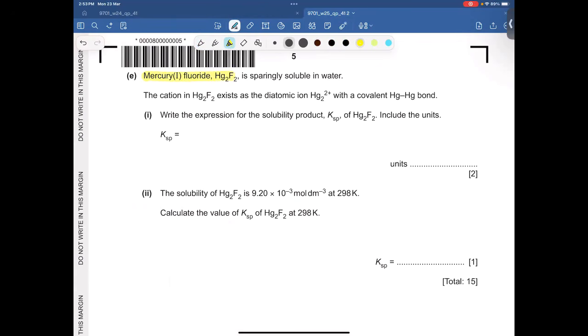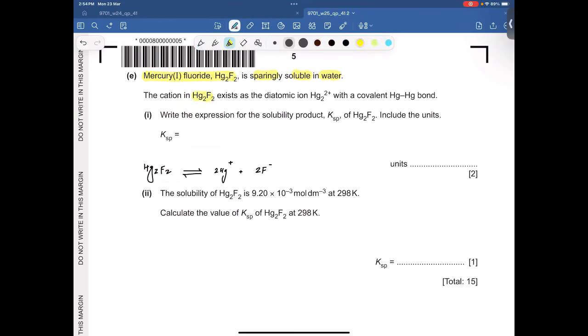Mercury 1 fluoride Hg2F2 is slightly soluble in water. If it is slightly soluble in water, then it means we need to make an equation here first. This is Hg2F2, which ionizes slowly and reversibly into its Hg2 2+ and 2 fluoride ions.